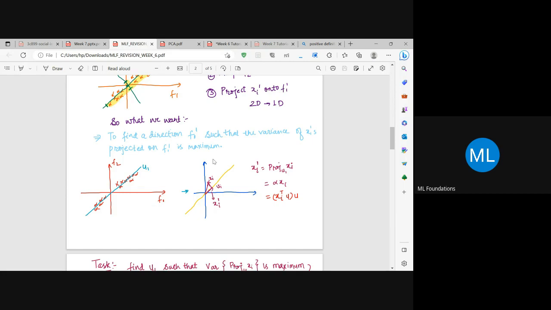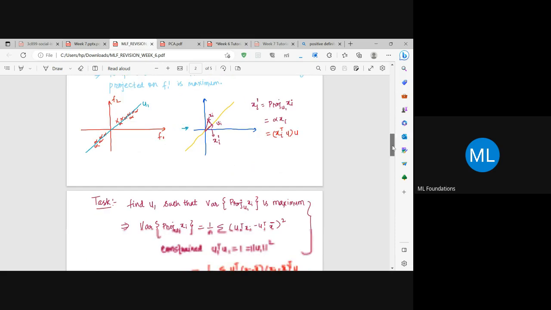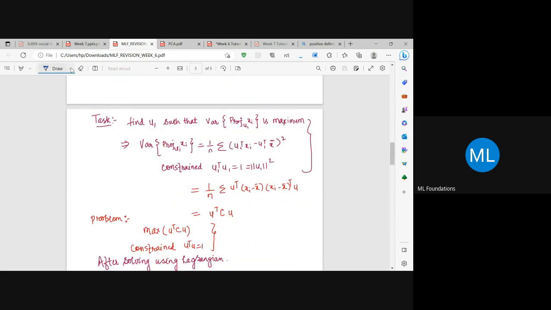Here I am writing it. The constraint means the condition that you apply on the vector. That vector should be a unit vector, correct?